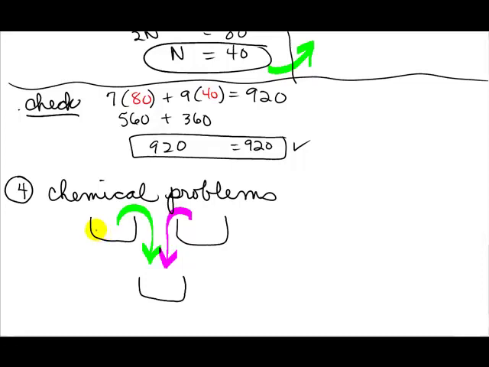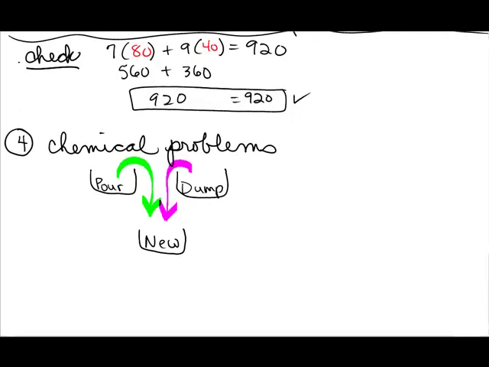What we are pouring we're going to call the P. And from this one we're going to dump very carefully, a little bit into our new beaker.